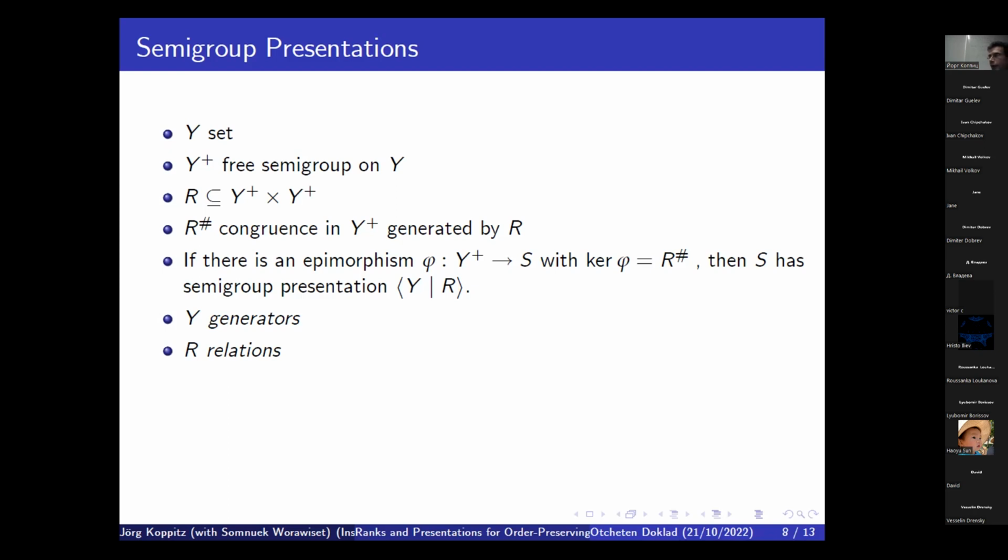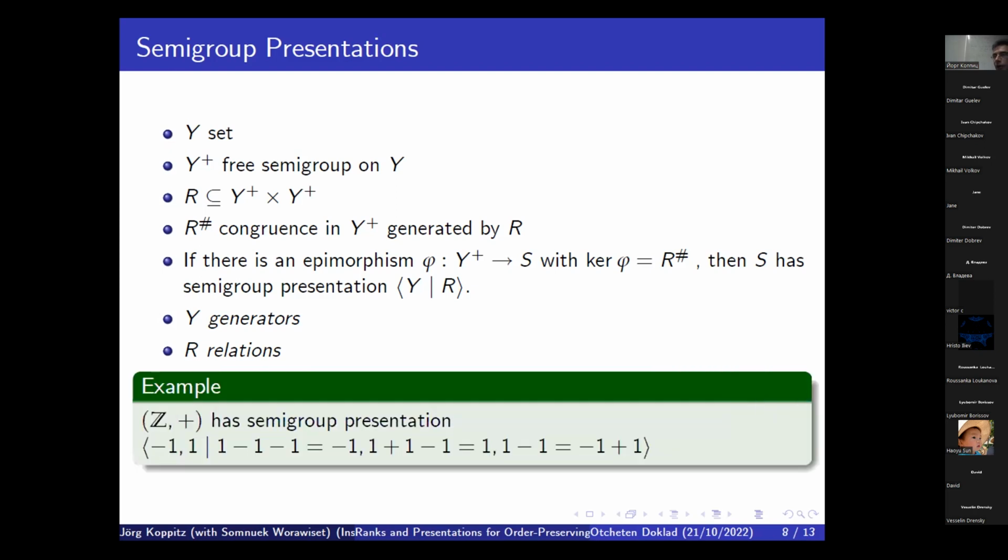The question is to find a good presentation, that means with a small number of generators and a small number of relations. That means in the set of relations there should be no relations which are not necessary, such that we cannot remove any relation from the set R and still get the same congruence.